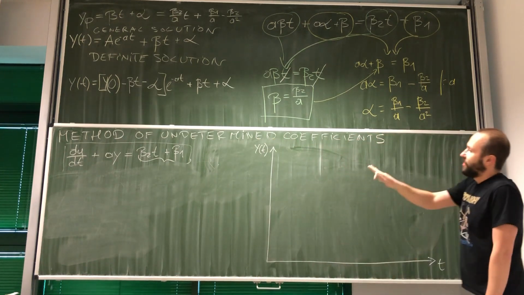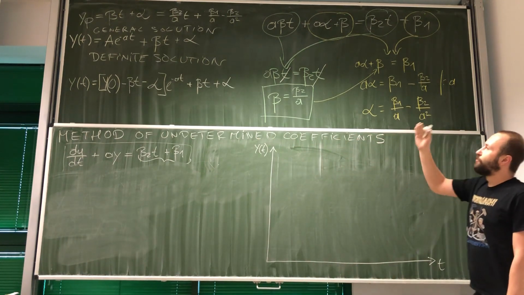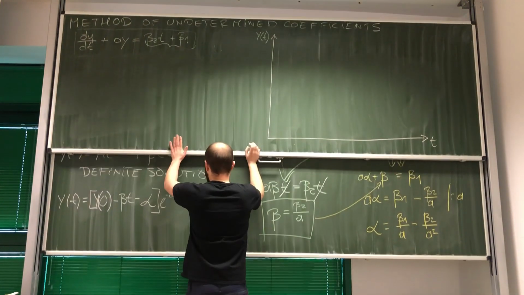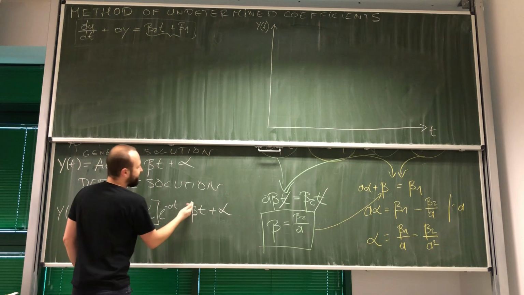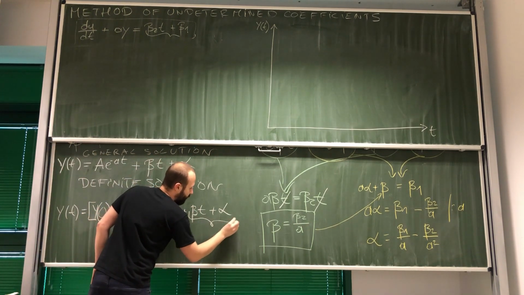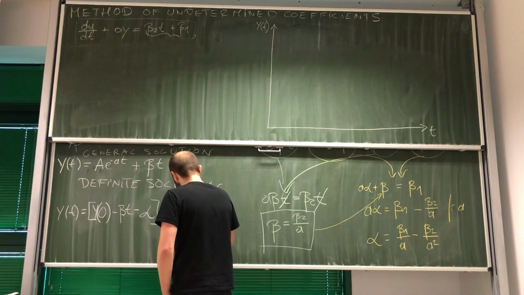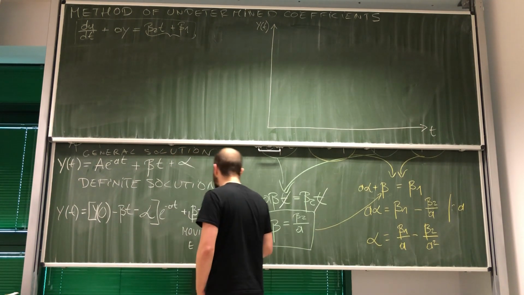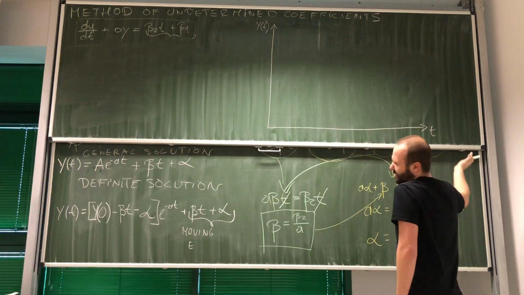And look, first we start with our moving equilibrium. Remember this type of equilibrium: because this is the particular integral, it represents the equilibrium we called moving equilibrium. Why moving? Because it changes with time.